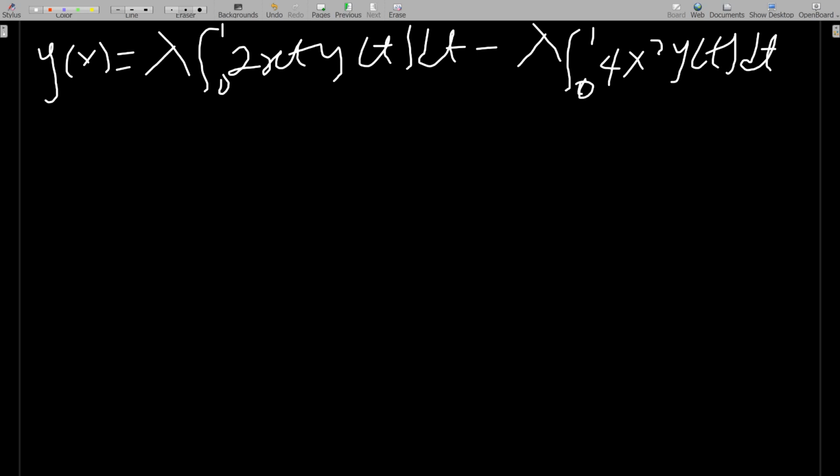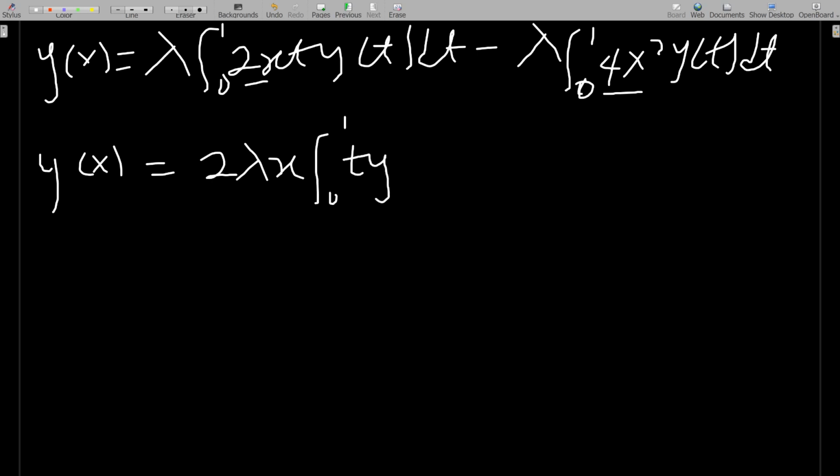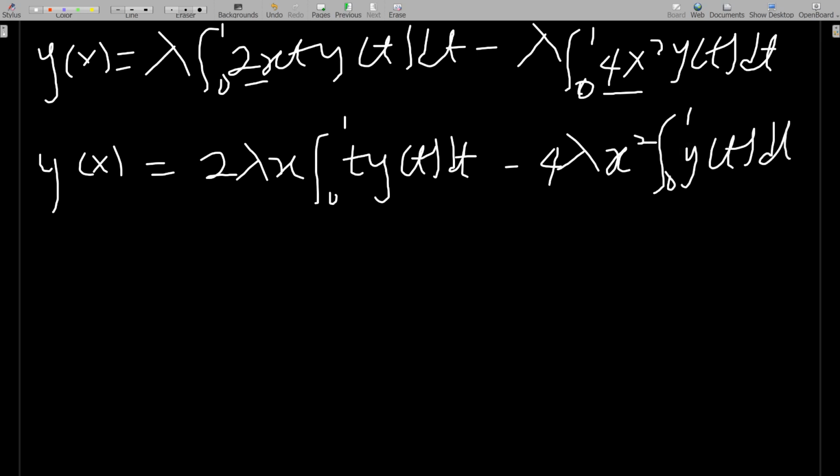So I can factor 2x out, I can factor 4x squared out. So I have y of x being equal to 2 lambda x, the integral from 0 to 1 of t times y of t dt, then minus 4 lambda x squared, lambda is a constant and 4 is also a constant, so I want to write them like this, 4 lambda x squared integral from 0 to 1 of y of t dt, right?